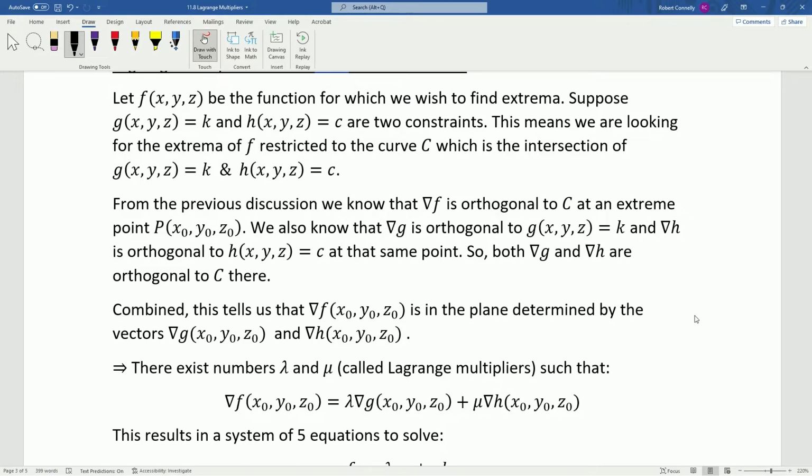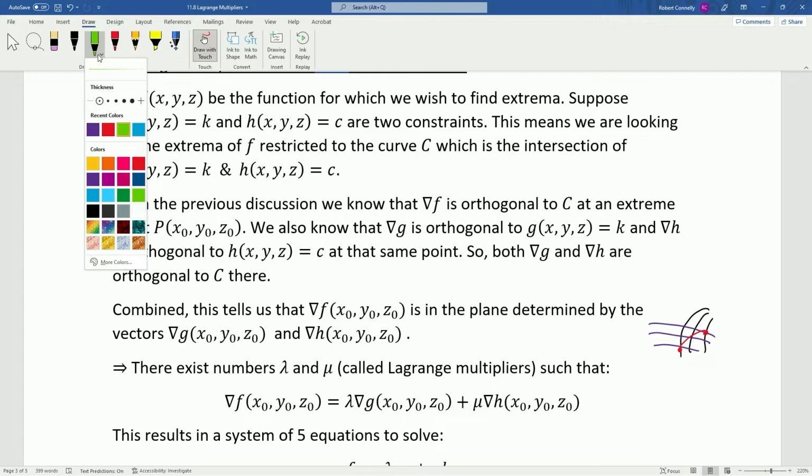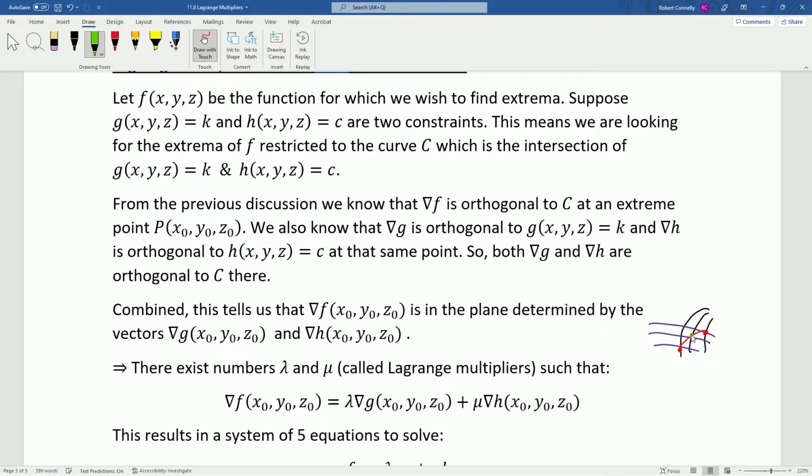I'm not sure if I can even draw a decent picture of this offhand. So you've got 2 surfaces like this, and they intersect along some curve here. And when they intersect, they each have vectors that are orthogonal to that curve.